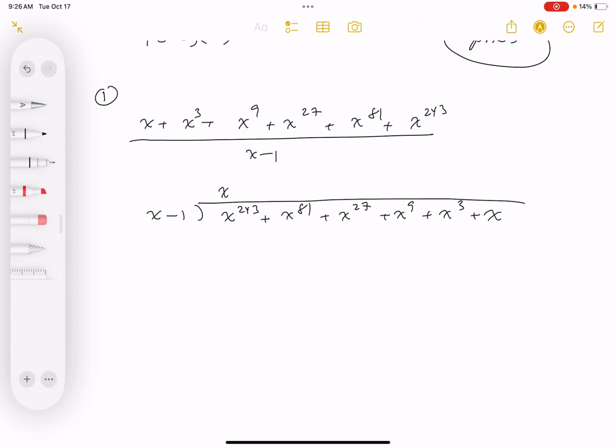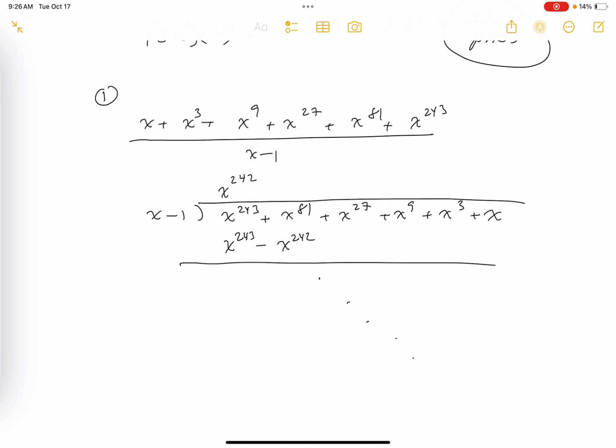And they'd say, oh, that's x^242. They'd multiply it and get x^243 minus x^242. I think right now you probably know you're getting into trouble because this is going to go on for quite some time. So I'm thinking this is probably not the way to go. Let me erase this over here.